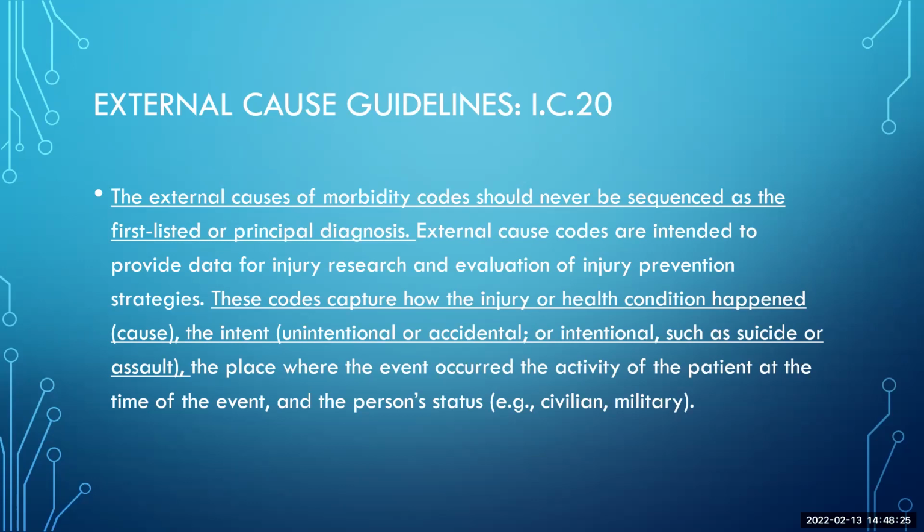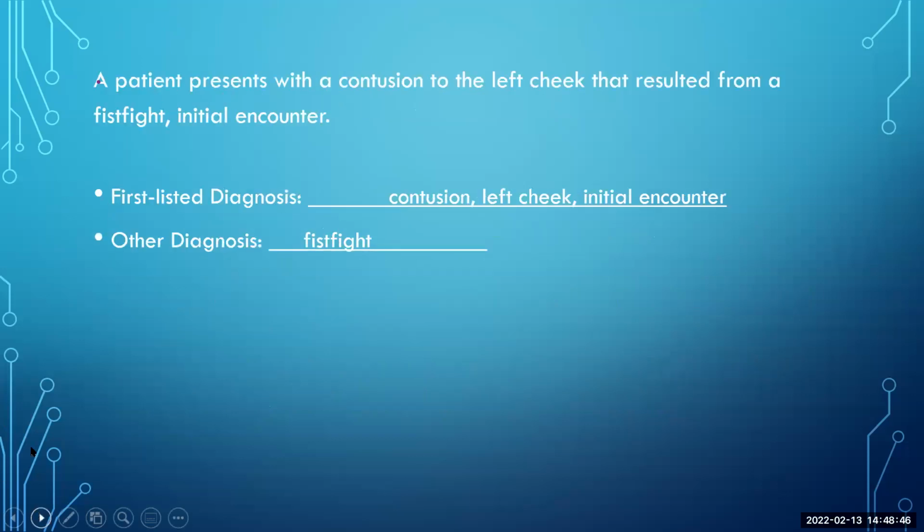It states that the external causes of morbidity codes, so that's our external cause codes, should never be sequenced as the first listed diagnosis. So this is telling us how we're going to sequence this. We would use our external cause codes after our primary first listed diagnosis.